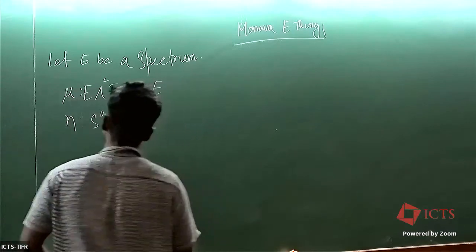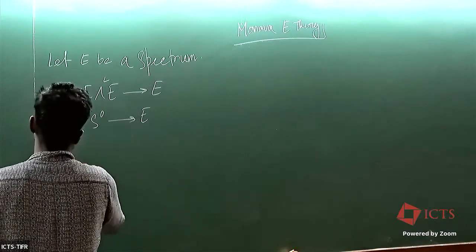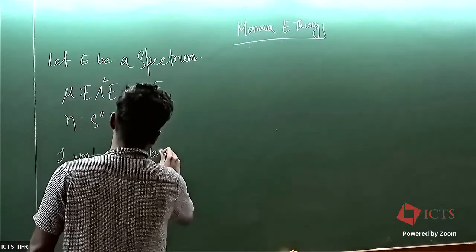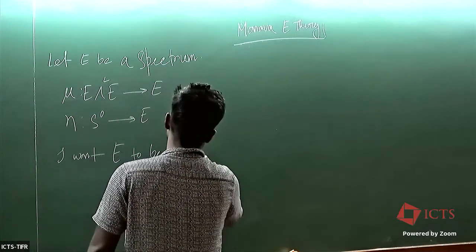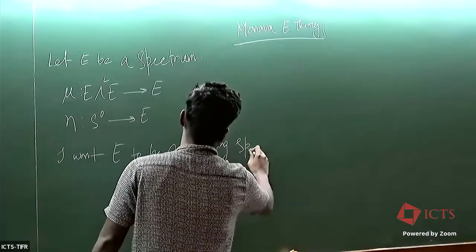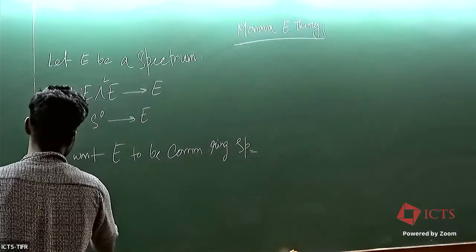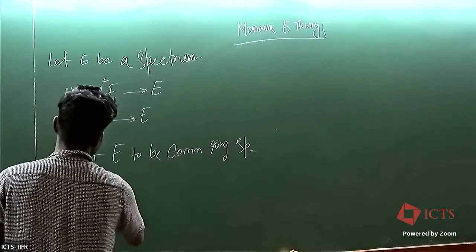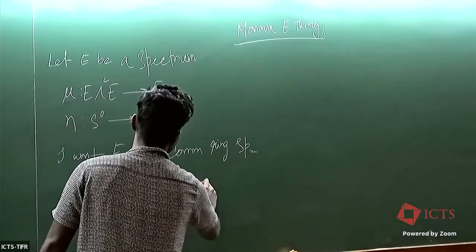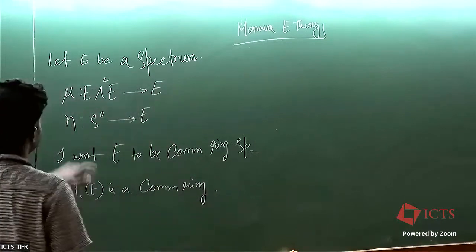And also I want E to be a commutative ring spectrum, so basically pi star of E is a commutative ring with respect to this.